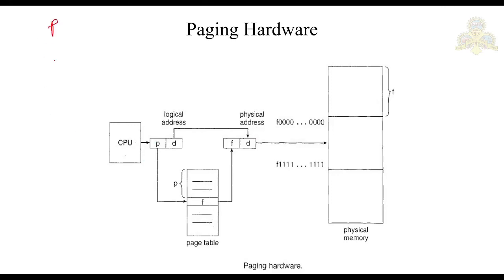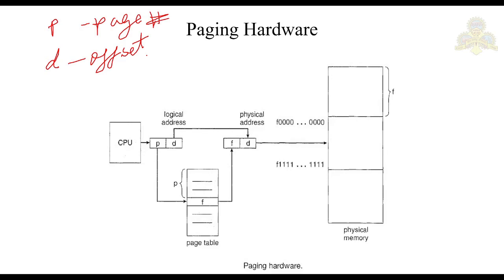One is P, another one is D. P is nothing but your page number, and D is nothing but the offset, or we can say displacement. That means the line number within a particular page is your D, or the location within the page is the offset or displacement D.